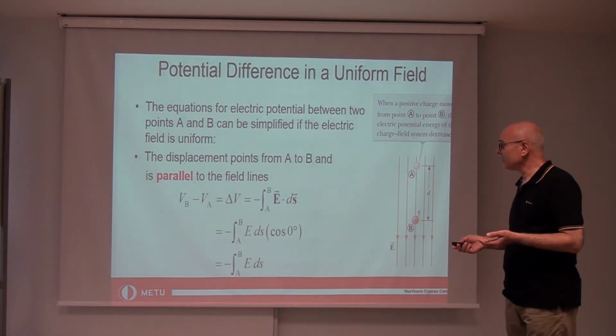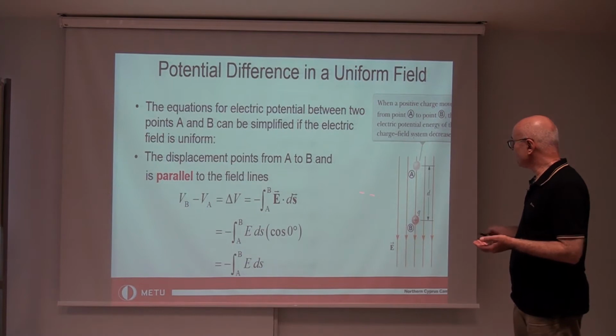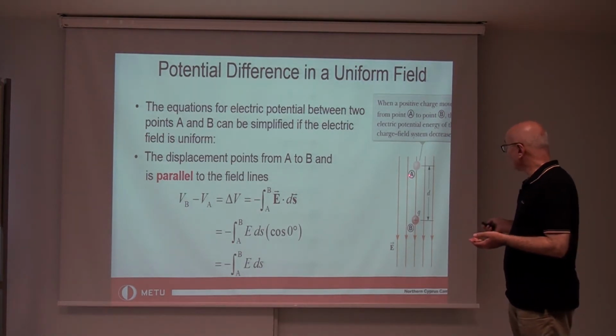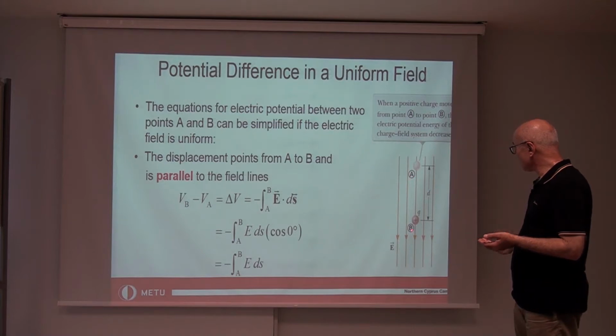To find VB minus VA, which is this integral, I choose the path as a straight line going from A to B, and therefore the ds's are always parallel to E over that path.